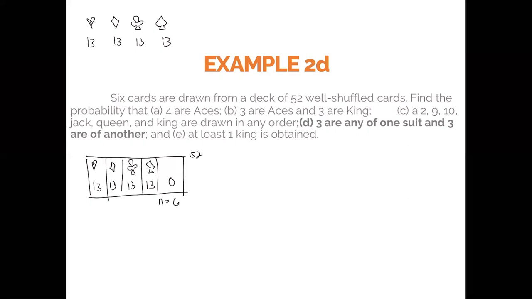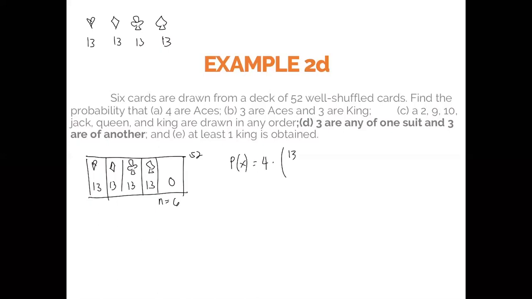Okay? So, yung pag-solve dito, any one suit daw, tapos yung kasunod is any of the three. Di ba kung halimbawa, mamimili ka dun sa apat na suit, so, yung probability natin will be 13C3.